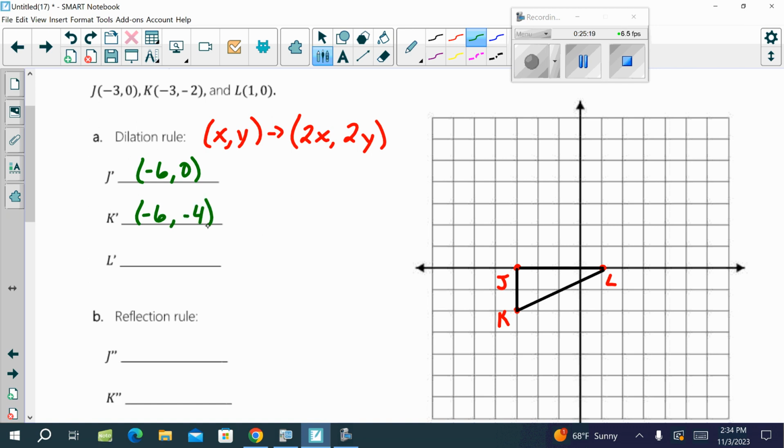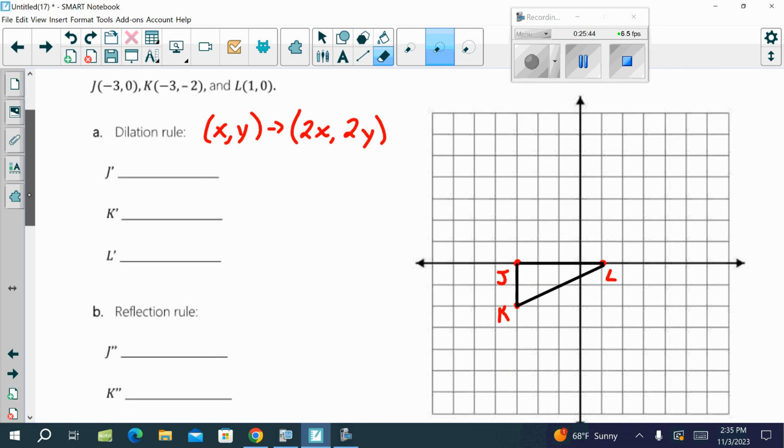And L prime? 2. Oh, wait a second. Are you guys going to tell me I'm wrong yet? What's wrong? Yeah, my center of dilation isn't the origin, is it? No. So why y'all letting me write all this work? Where's my center of dilation? Negative 5, 2.